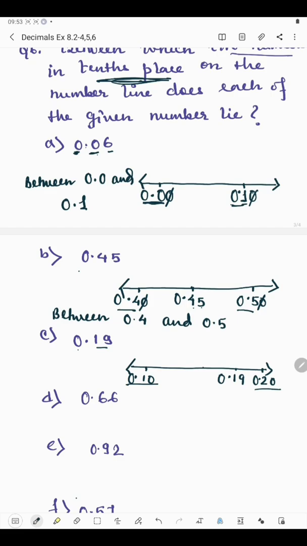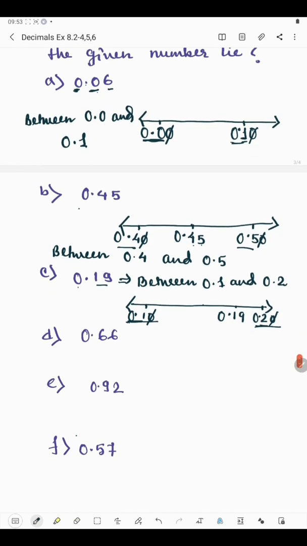Since we only have to make 10th place, we won't take the value at 100th place, we'll just take the 10th place, so it will lie between 0.1 and 0.2. So we'll write between 0.1 and 0.2.